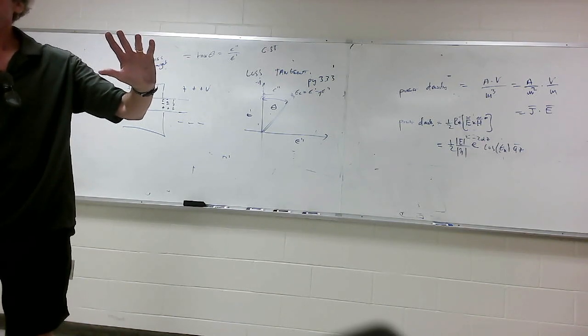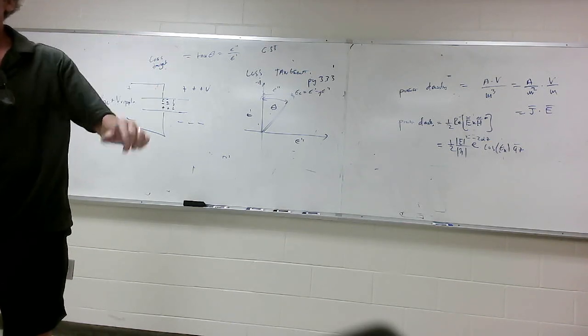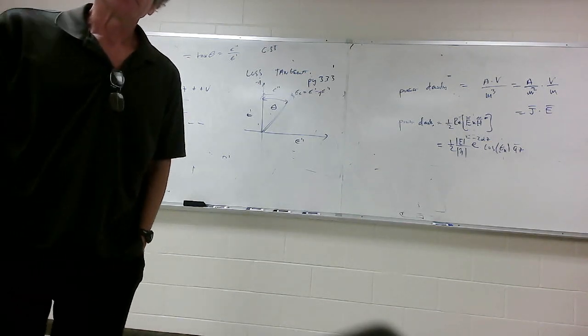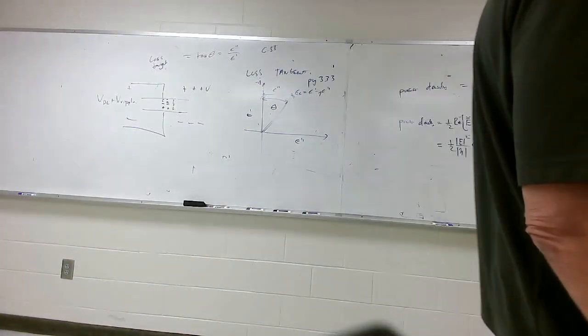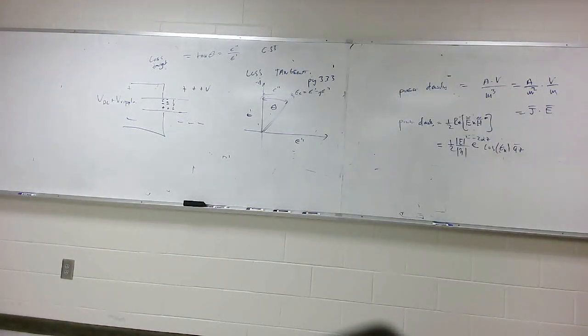Polystyrene, or which one is it? Gold, oh wait, I'm sorry. No, not metals. Table E2. Mica. What is mica? 3 times 10 to the negative 4. All right, that's not really lossy.